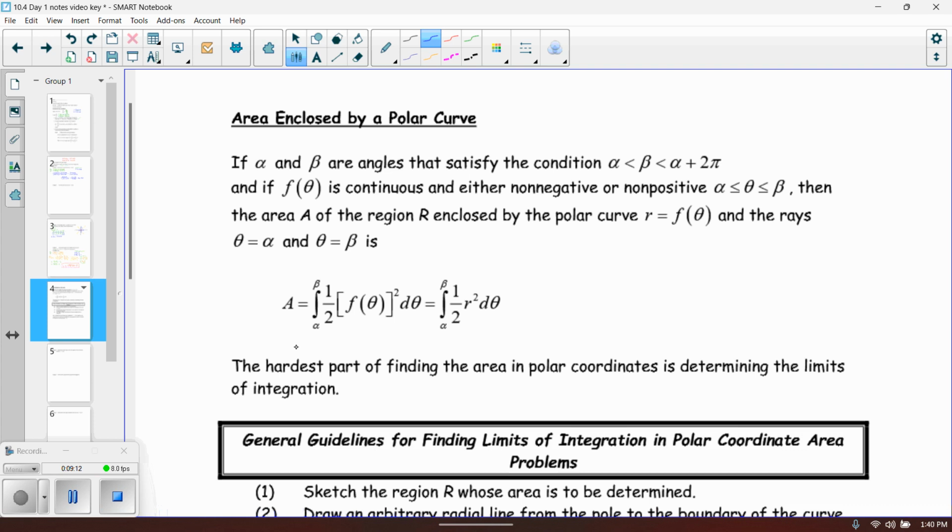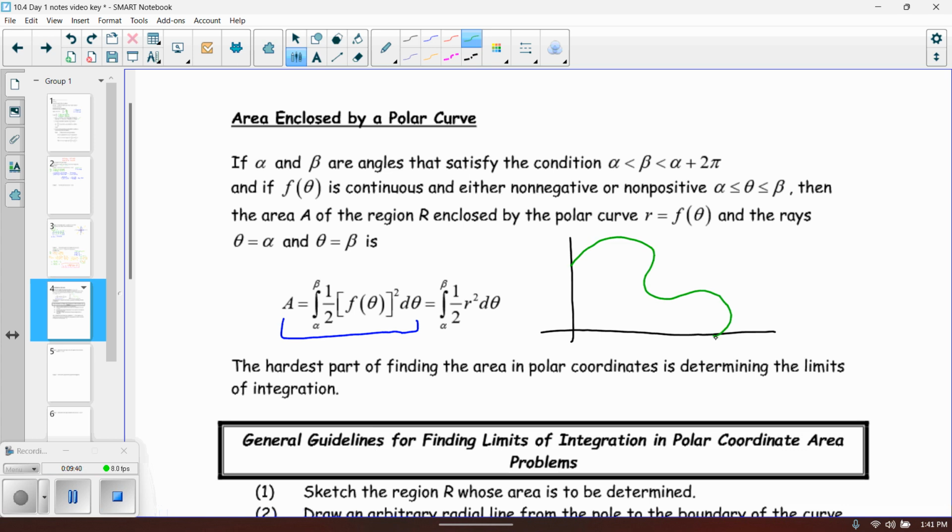The area formula is given as, this is probably the easiest one to use, the integral from alpha to beta, which are just two angles, of 1/2 of the original function of theta squared d theta, or 1/2 r squared. The concept is, if I have some kind of a polar curve, whatever this polar curve looks like, I don't really know, could do a whole bunch of different things.